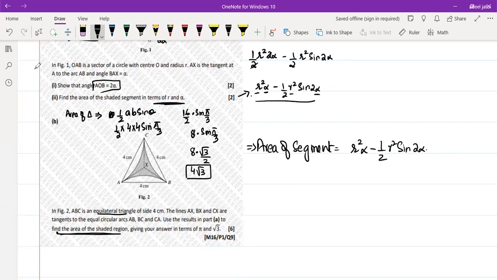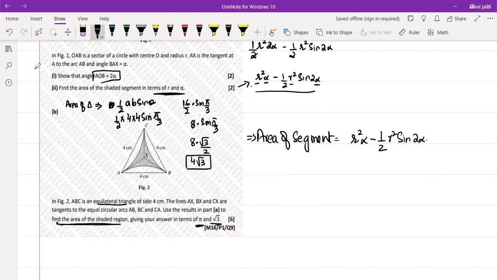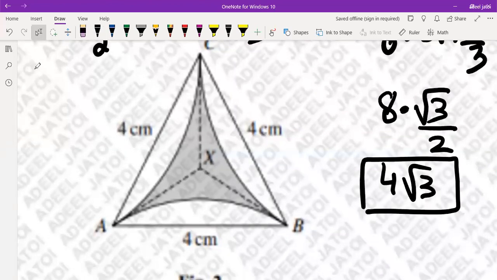But we need to multiply the area of segment by 3, and the answer needs to be in pi and under root. So coming back, since this is an equilateral triangle, this entire angle is pi upon 3. So this angle should be pi upon 6.